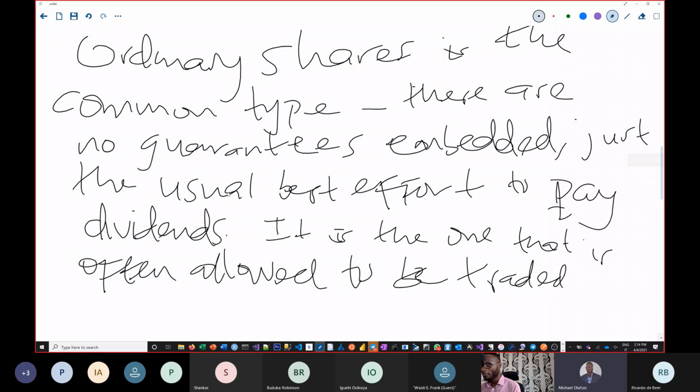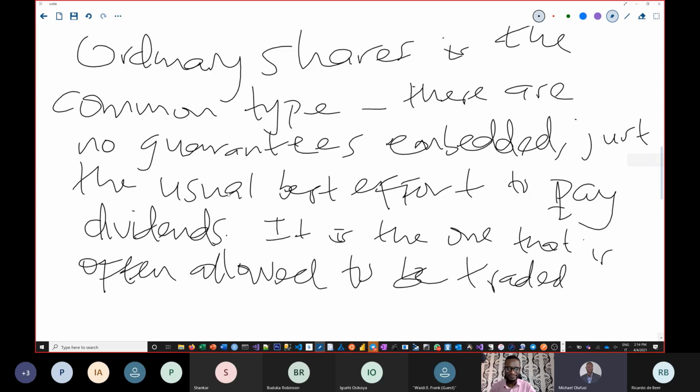Ordinary shares is the common type. Sometimes you can call it common shares, right? Or common equity. There are no guarantees embedded. I will explain what I mean by guarantees. It's just the usual best effort that will pay dividends.